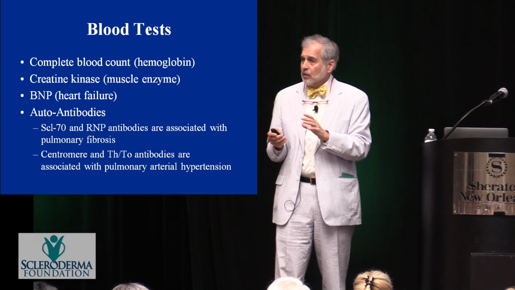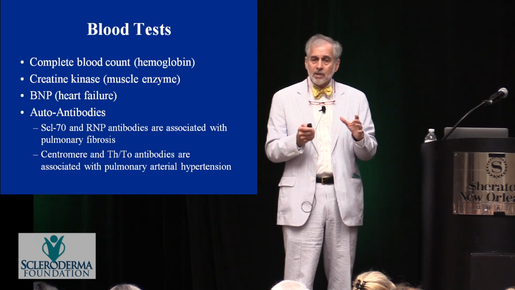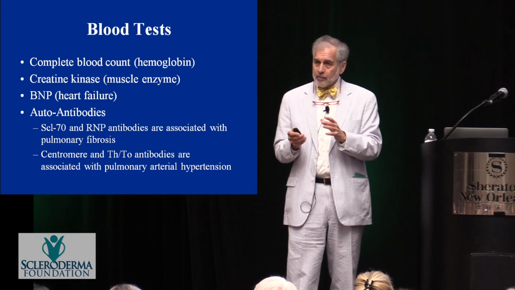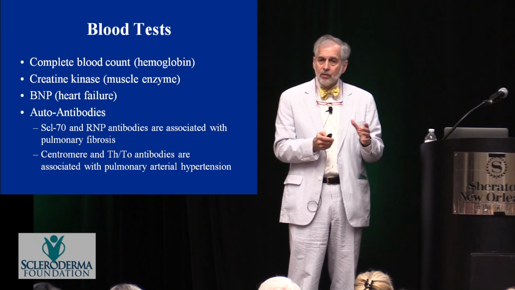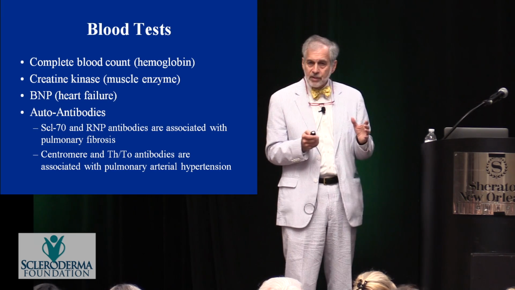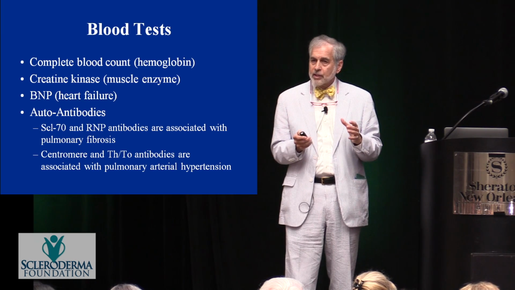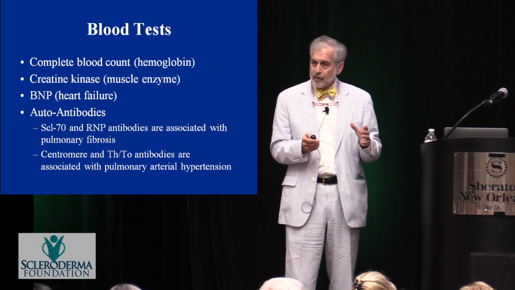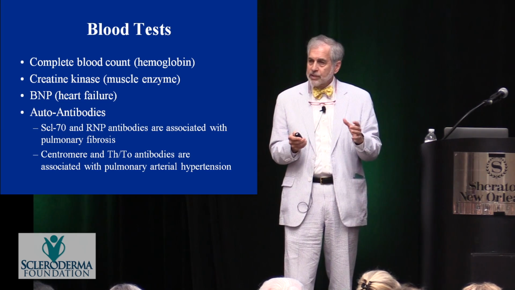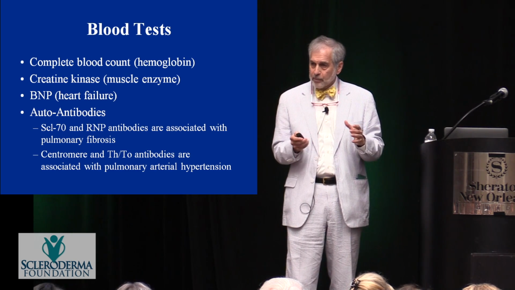And then everybody with scleroderma usually has tests. They have an ANA and sometimes tests for other autoantibodies. And some of those autoantibodies have been found to be associated with certain pulmonary conditions. So for example, SCL70 and some of the RNP antibodies tend to be associated with pulmonary fibrosis, whereas other ones like centromere and one called Th/To can be associated with pulmonary arterial hypertension.